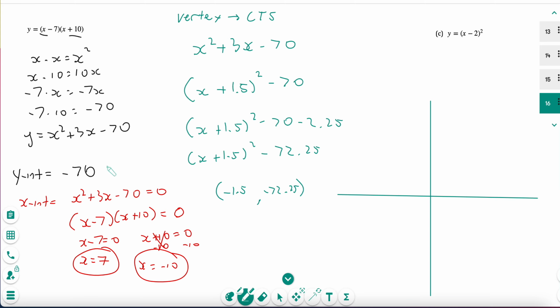So the y-intercept is negative 70. The x-intercepts are 7 and negative 10.